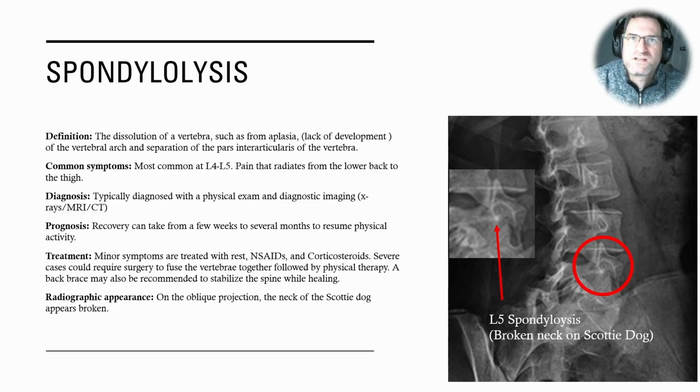Prognosis: recovery can take from a few weeks to a few months, and patients are able to resume physical activity. Treatment: minor symptoms are treated with rest, NSAIDs, corticosteroids. Severe cases could require surgery to fuse the vertebrae together, followed by physical therapy, and a back brace may be used for stability. The radiographic appearance is usually seen on the obliques, and the neck of the Scotty dog appears broken.